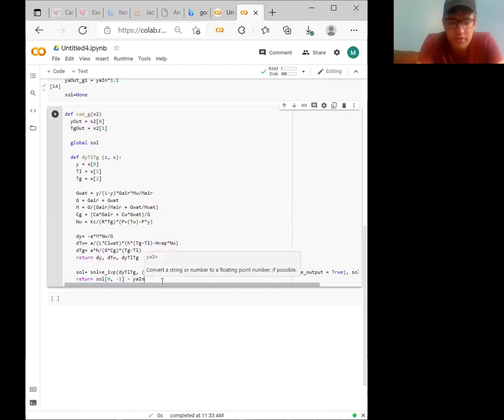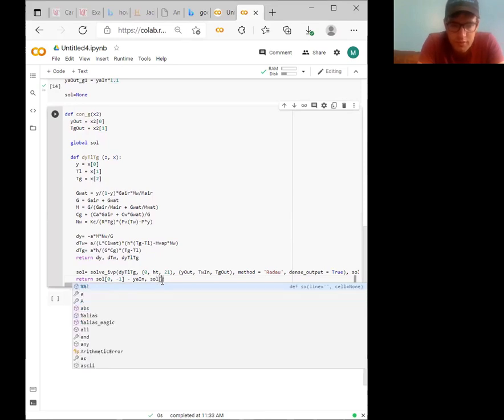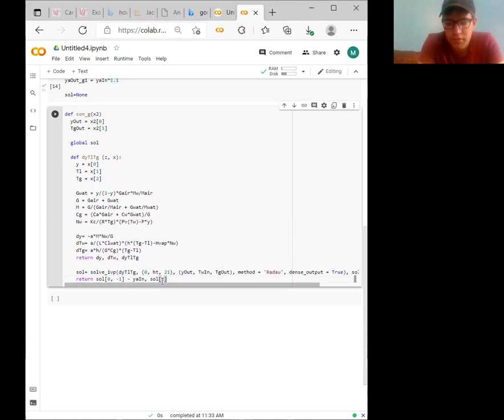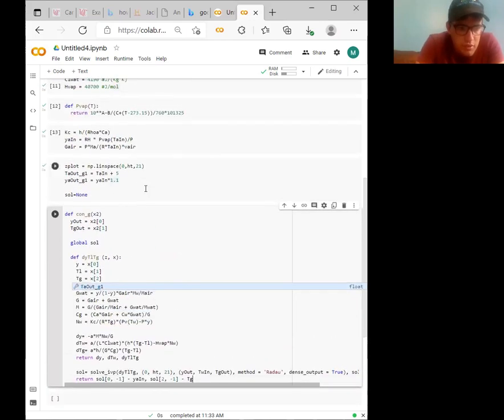Then we're also going to do the same for the temperature of the gas coming out, which would just be Sol and the third term in the array. The second one would be the temperature of the liquid going out, which we already have solved for. And this would be subtracting 1 again, and minus the T, I think TG in is what I did. Let me make sure.